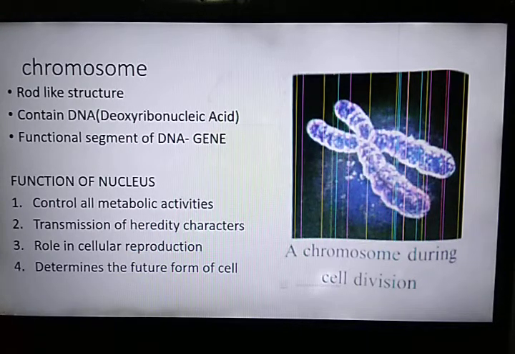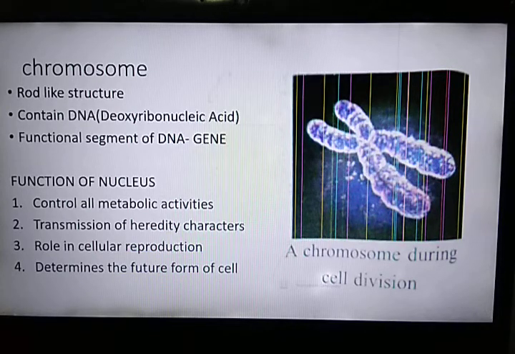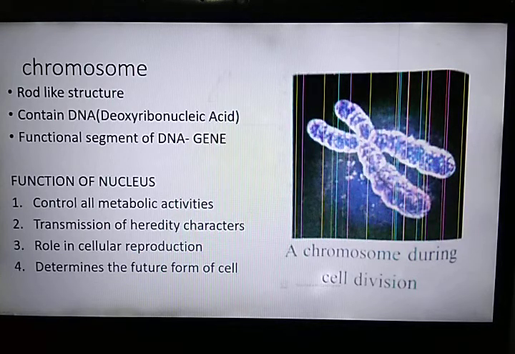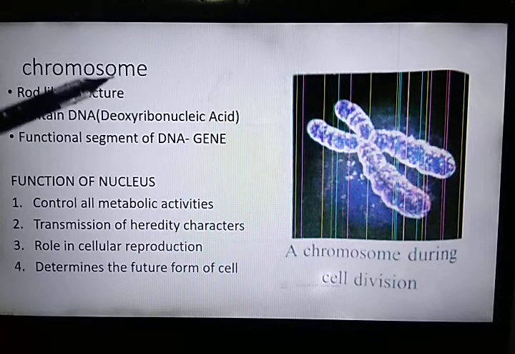Okay. Now, what does a chromosome consist of? Chromosomes contain information for inheritance. Inheritance means when characters are passed from one generation to the next generation, from parent to the next generation. And in what form is this information passed? It is passed in the form of DNA molecules. What is the full form of DNA?